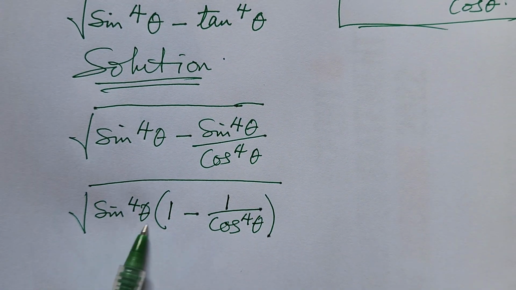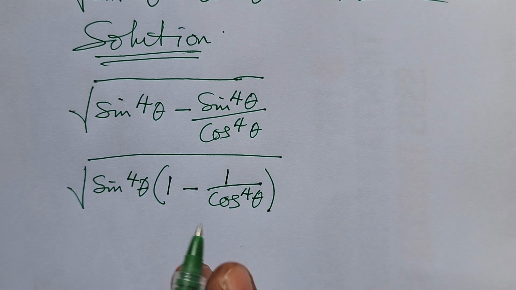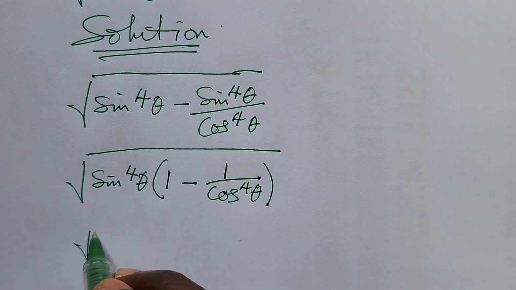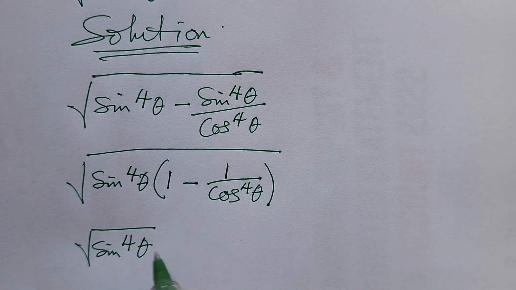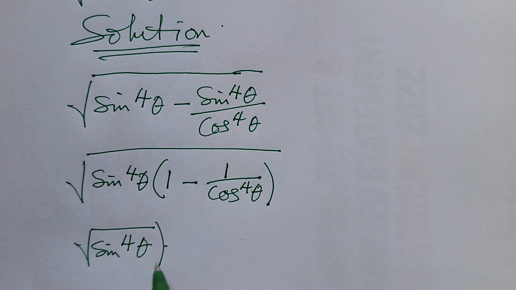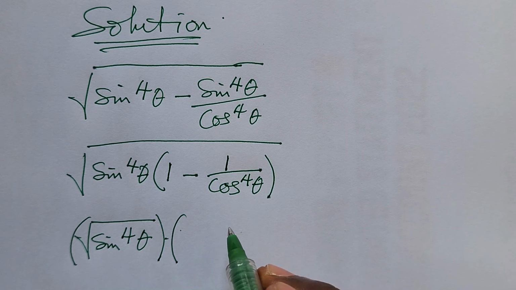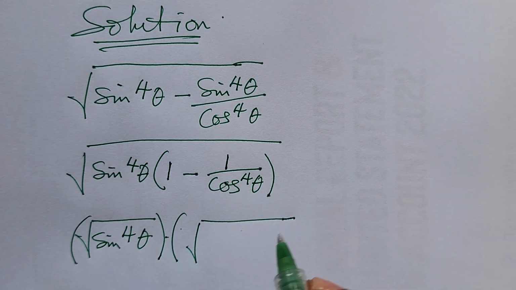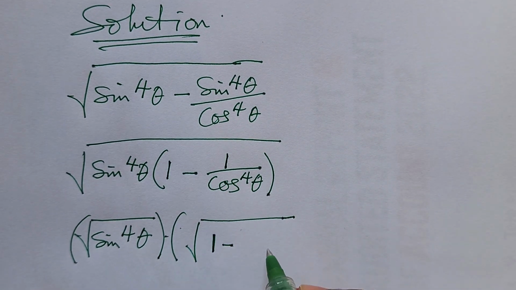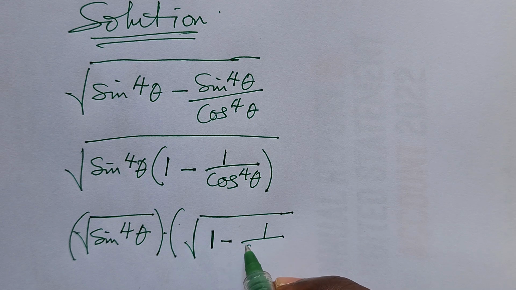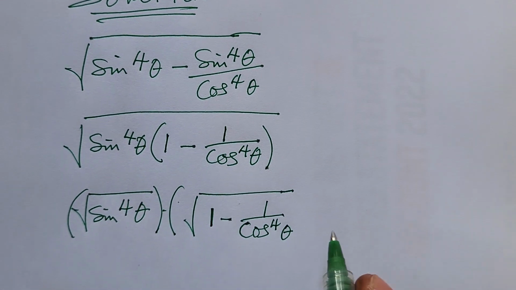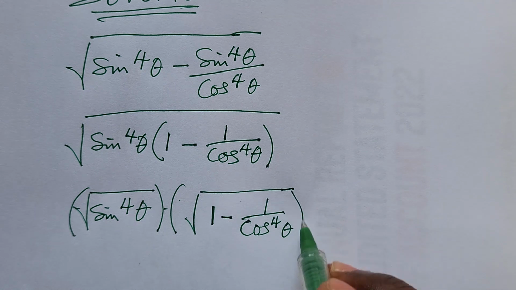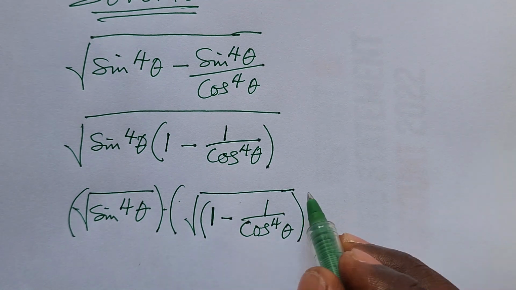Now we can separate this out. So we can rewrite this as the square root of sine to the power of 4 theta times, let's put this in bracket, the square root of 1 minus 1 all over cos to the power of 4 theta.